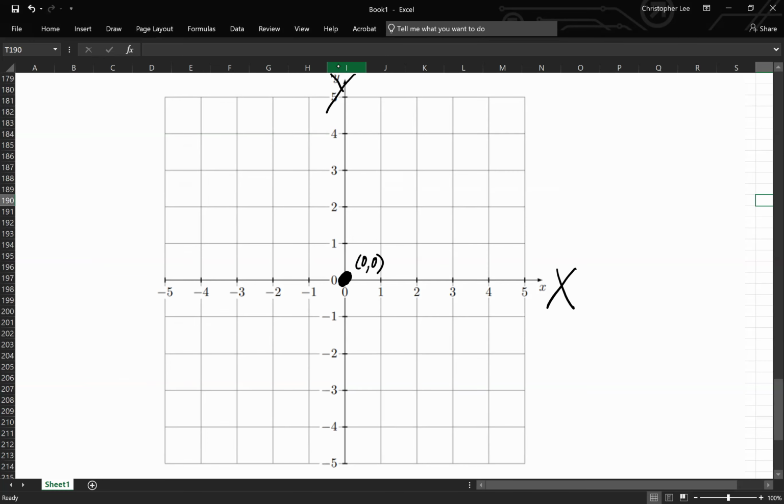If I want to plot any point, let's say the point 3, comma 2, I'm just making it up, I go across the x-axis to where 3 is, and I go up 2: 1, 2. So right here, this would be the point 3, comma 2. Across the x-axis for 3, up the y-axis for 2. And that's it. That's how you plot a point.